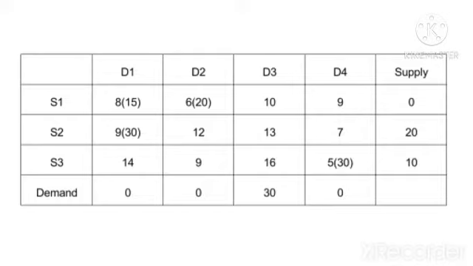The smallest transportation cost is 13 in cell S2 and D3. The demand is 30 and the supply is 20. The allocation to this cell is 20.